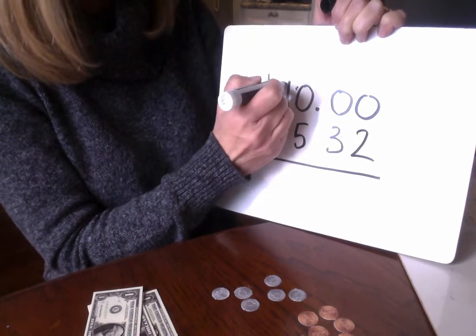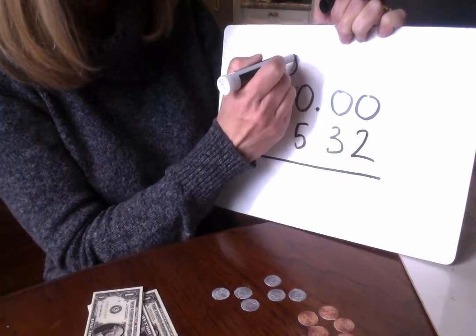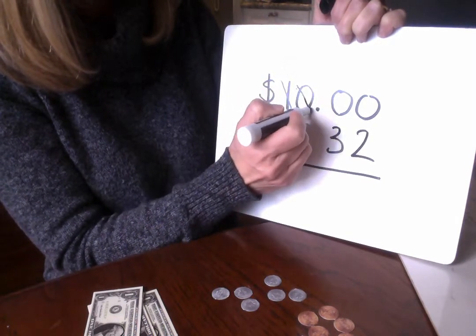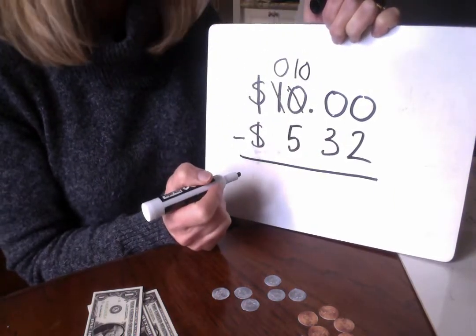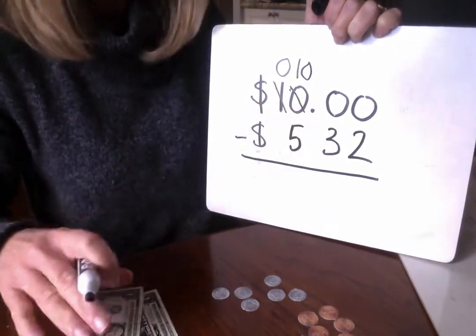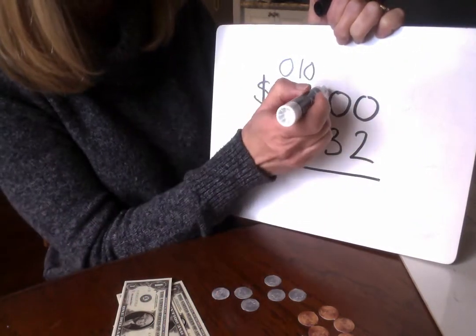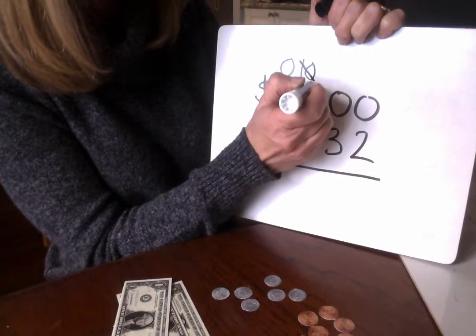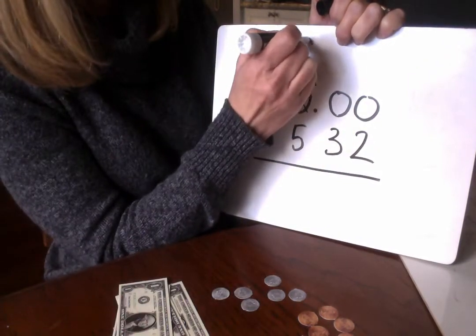So I'm going to take that $10 bill out. I'm not going to have any $10 bills, but remember I changed that into 10 $1 bills. Okay, so then I took one of my dollars out and changed it into dimes. Do you remember that? So I'm going to take one of my dollars out. So how many dollars did I have left? I had 9.